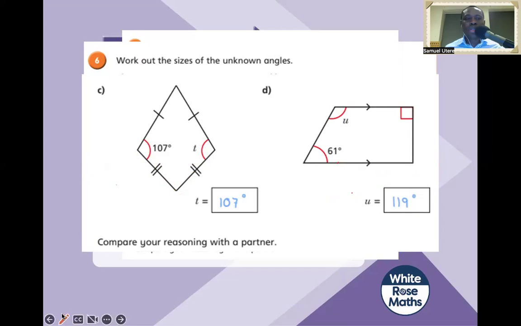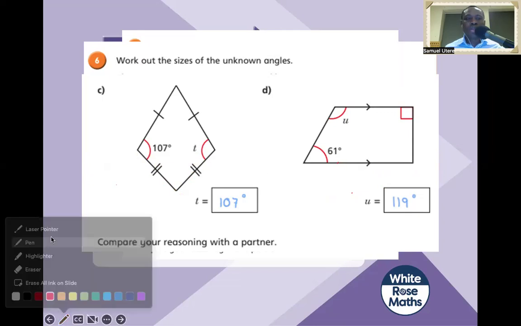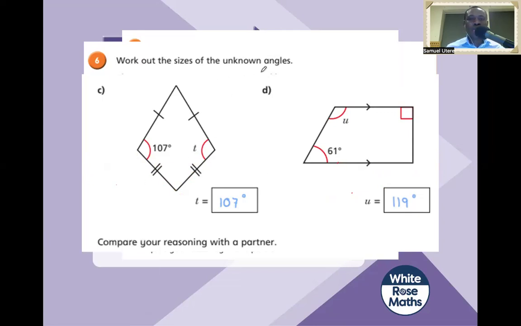For question C, you were asked to work out the sizes of the unknown angles. Notice that we have opposite angles of the quadrilateral, so they must be equal. So that's 107 degrees. Here, we know that's 90 degrees.